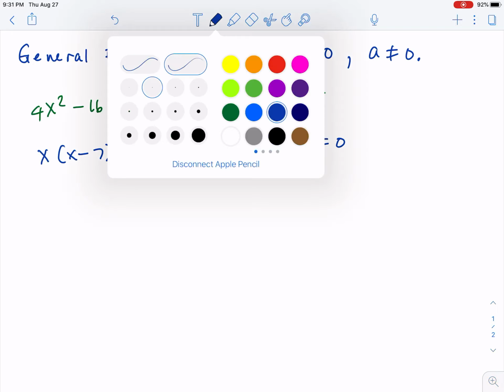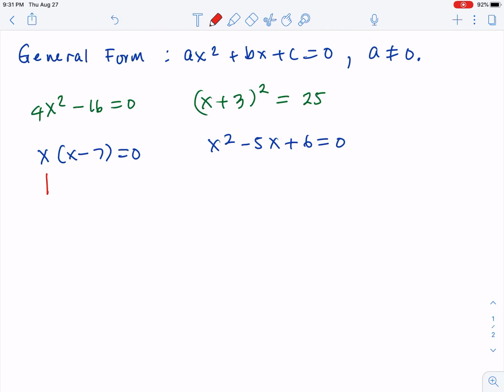Kailan magiging 0 to? Pag ang x ay 0. Okay? Kasi pag x ay 0, magiging 0 times 0 minus 7 to, which is equal to 0 times negative 7, which is equal to 0. Isang value yun that will make the expression 0.